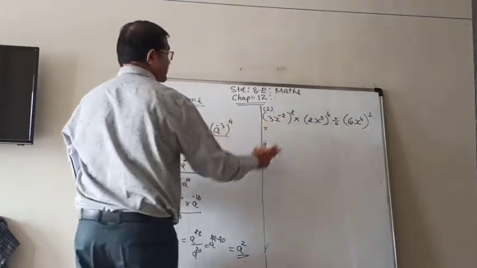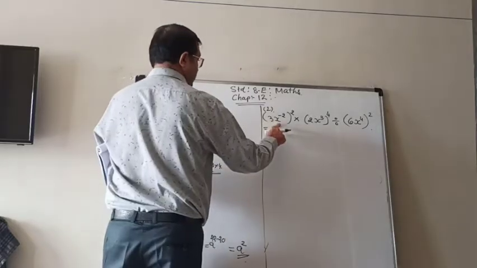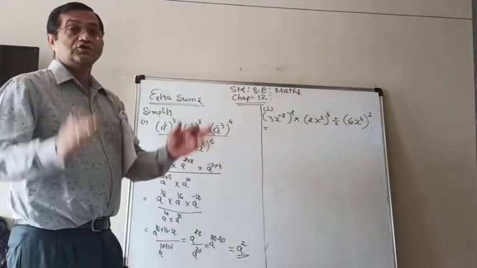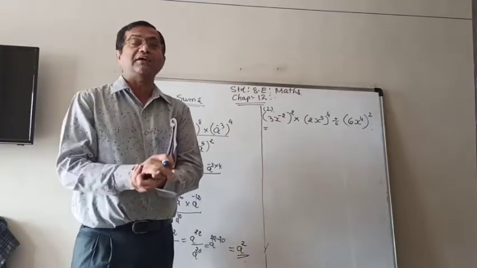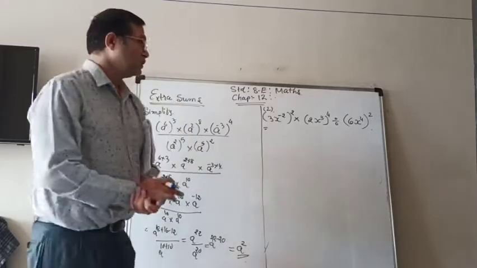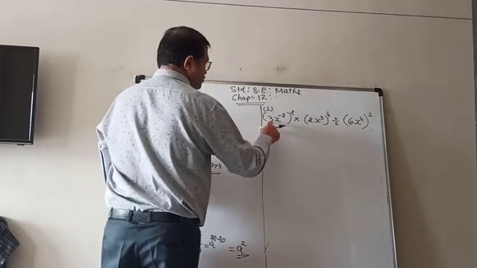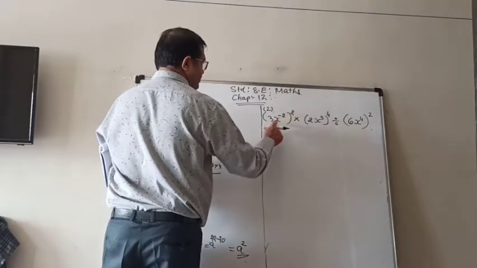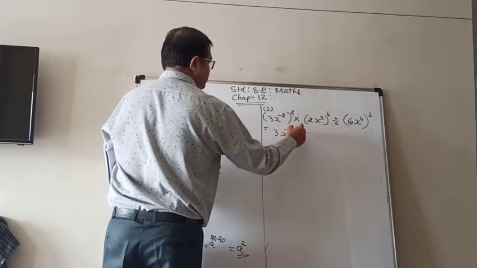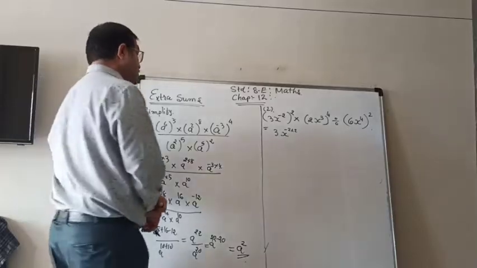Here you can see that in the bracket there is 3x raised to minus 2 and the whole bracket has power 2. So when there is a whole bracket and then a power, as I told you, mommy papa's rule. Because sometimes students forget to give that square to the 3. They will do 3x raised to minus 2 multiplied by 2. That is the wrong one.